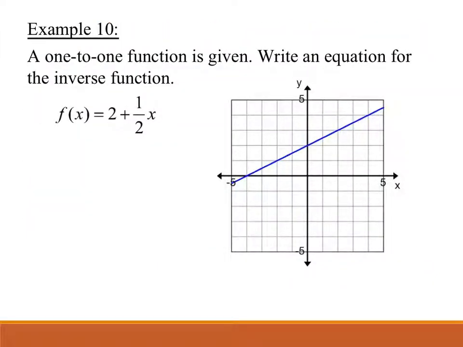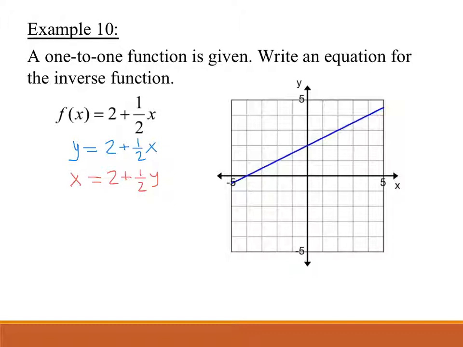Here's example 10. A one-to-one function is given. Write the equation for the inverse function. So in this particular case, we originally have y is equal to 2 plus 1/2 x, and now we're going to interchange x and y. So now we have x is equal to 2 plus 1/2 y, and we're going to solve for y.